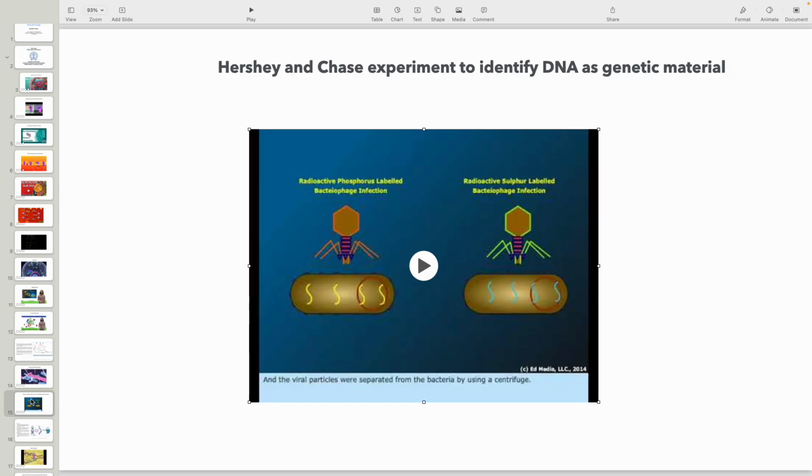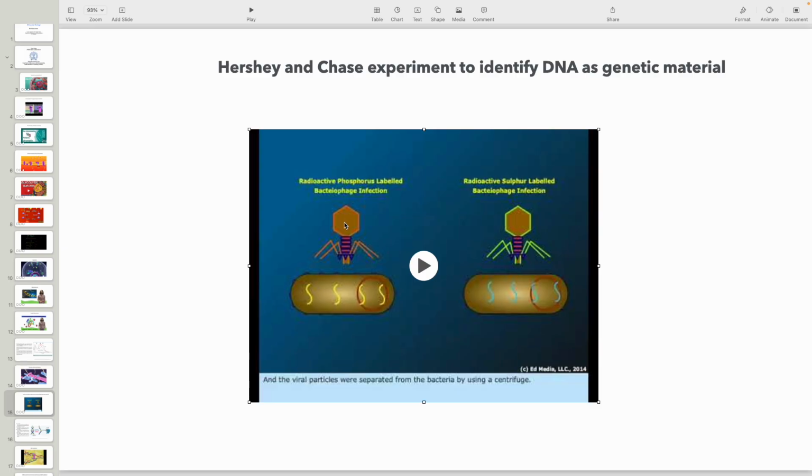Sulfur is found in the protein, so this sulfur goes and attaches to the capsid of the virus. And in another medium they added radioactive phosphorus. In DNA the phosphate group is present. So this radioactive phosphate is taken up by the DNA of the virus.